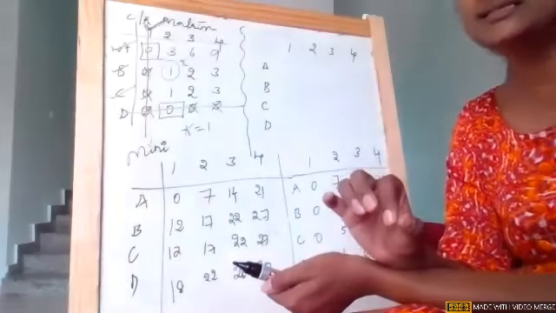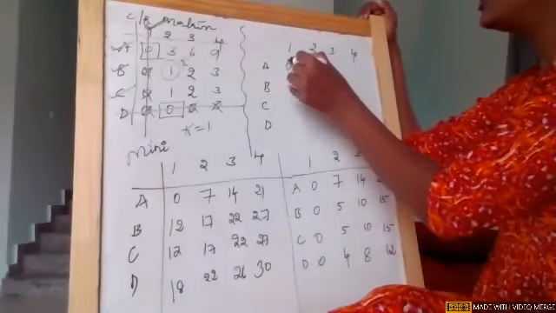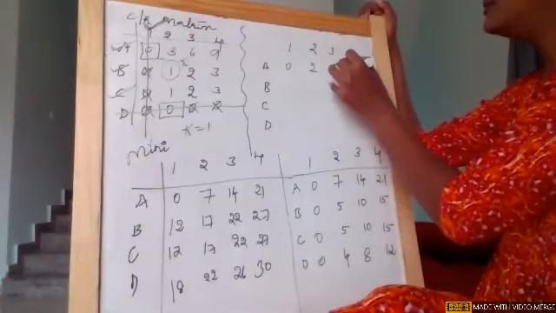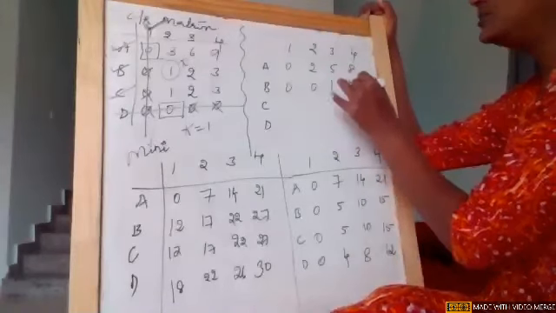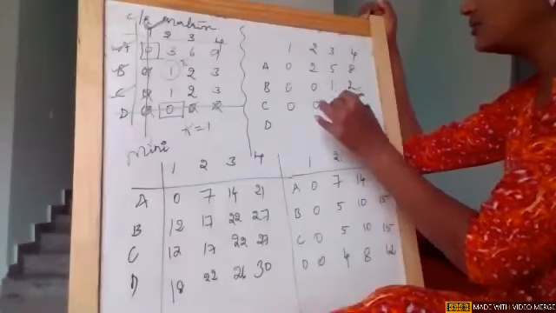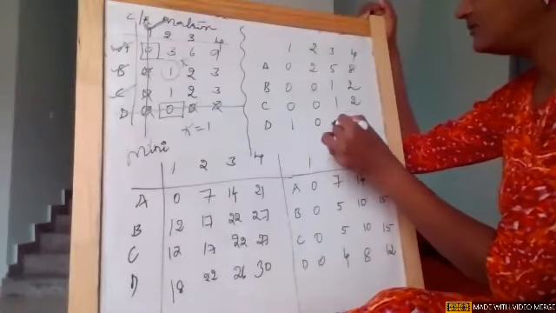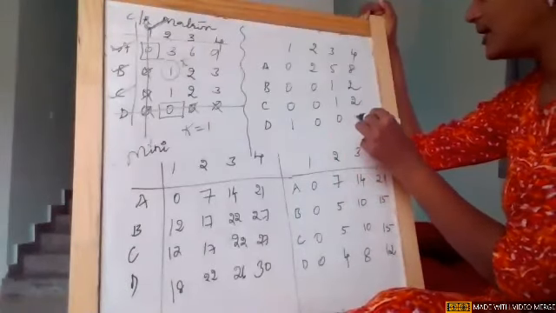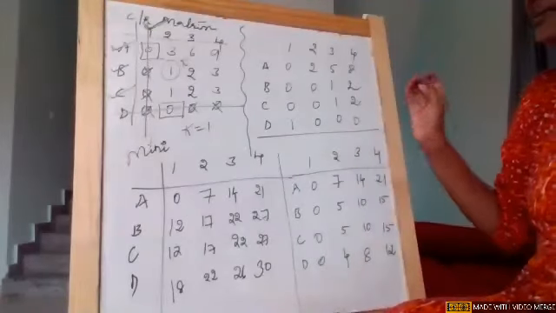Wherever there are two lines, we are supposed to add k there. So that is what I'm trying to do. 2, 5 and 8. 0, 0, 1 and 2. 0, 0, 1 and 2. And then 1, 0, 0 and 0. So this is how it looks after applying this rule.